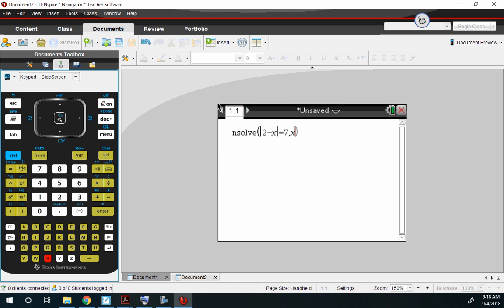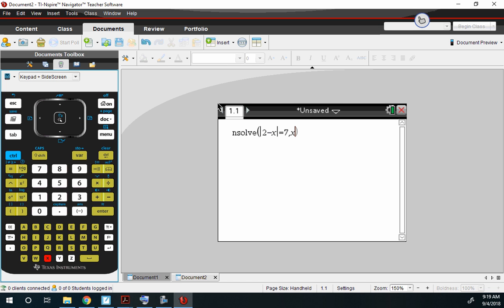Able to keep up all right? Where are we stuck at? To get the absolute value, we use the math template button. After this, press enter. After the x? Oh, well, you need an equal 7.